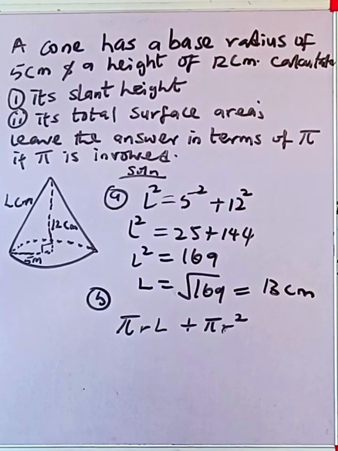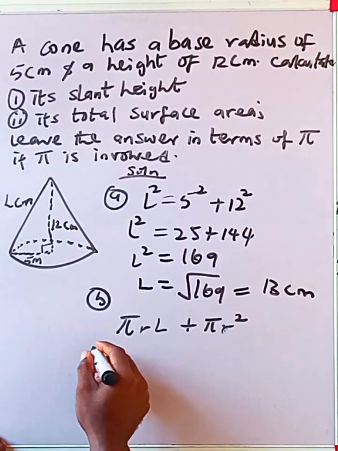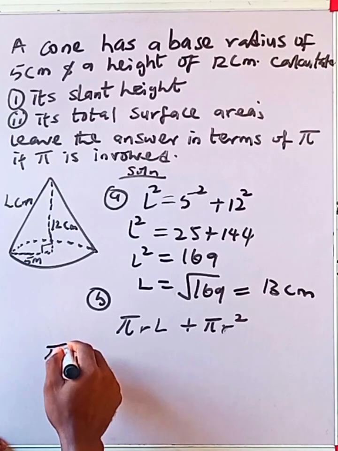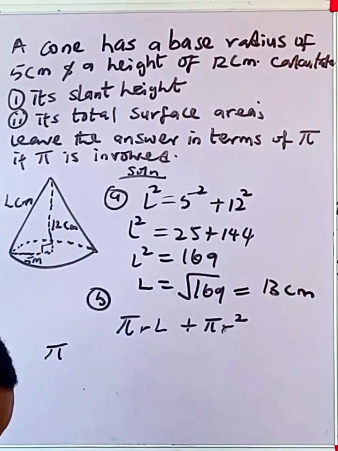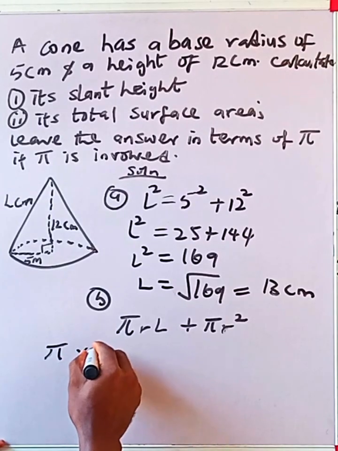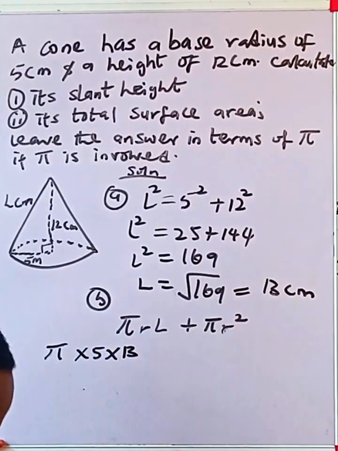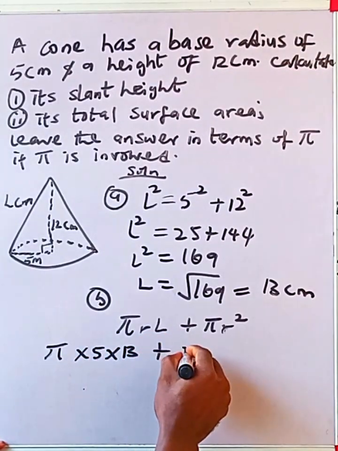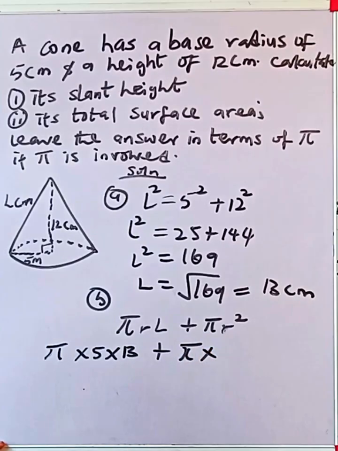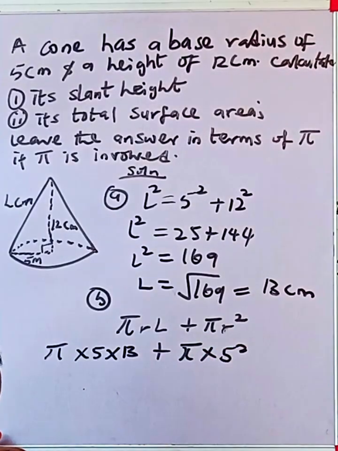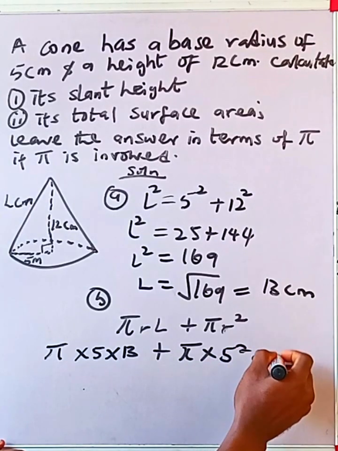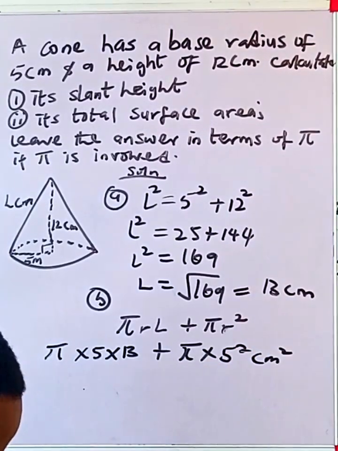With that, we are going to get our answer as pi times 5 times 13 plus pi times r squared. What is our r? Our r is 5, so 5 squared.